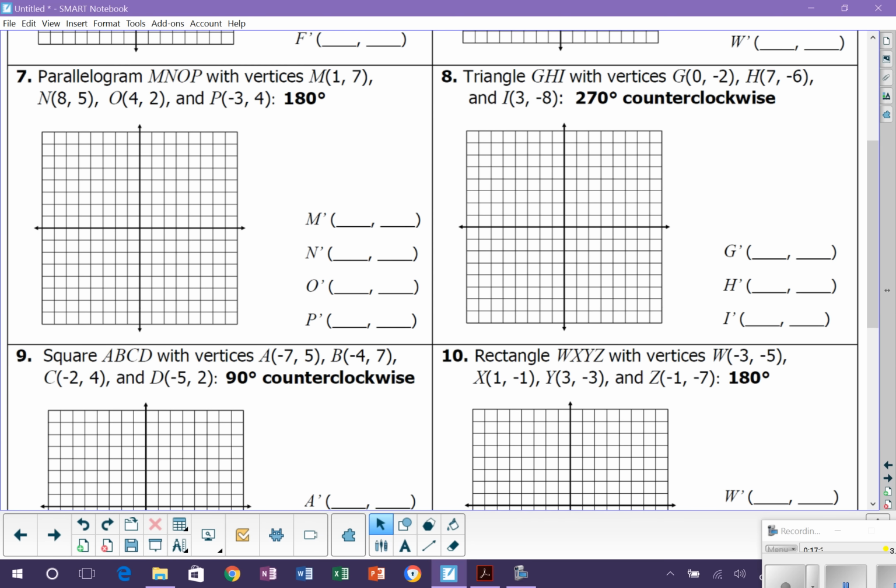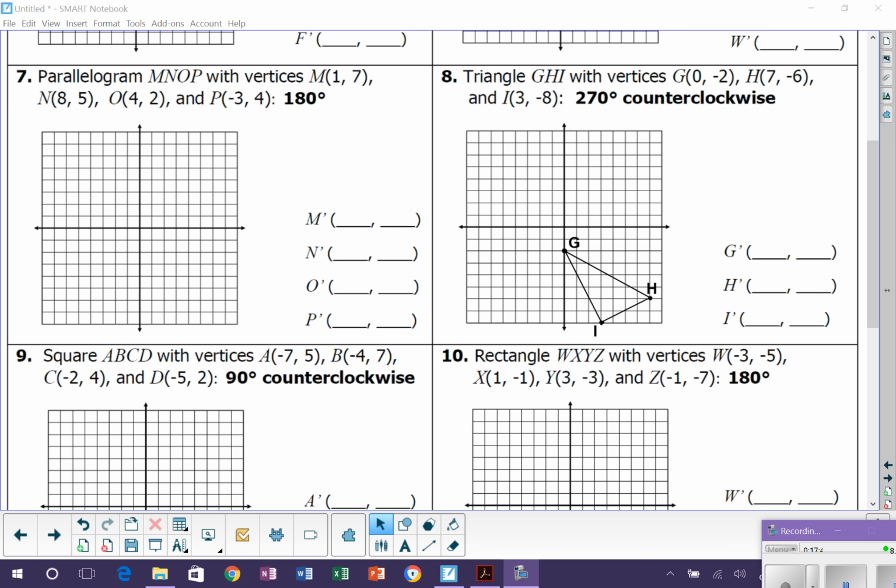Okay, let's look at number 8. So what I want you to do is I want you to pause the video and plot the triangle. Go. Okay, so I hope you were able to do this with your triangle.